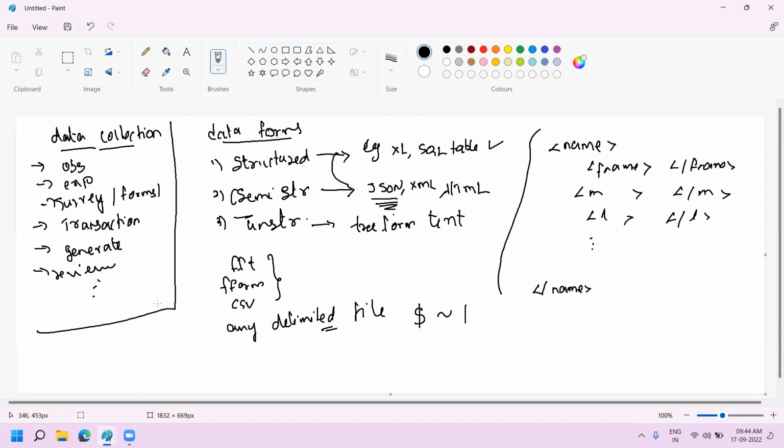So customer ID, tilde, name, tilde, gender, tilde. Because the tilde sign is never used in any regular text, it is a commonly used delimiter. Whereas dollar and pipe symbols have specific meanings, so we generally avoid using those. And even the at the rate and ampersand have special meanings.